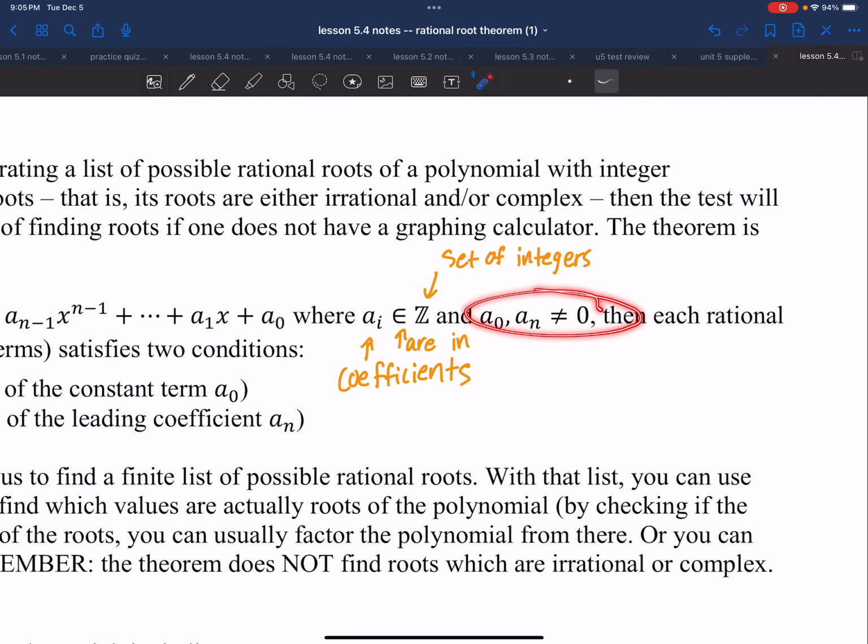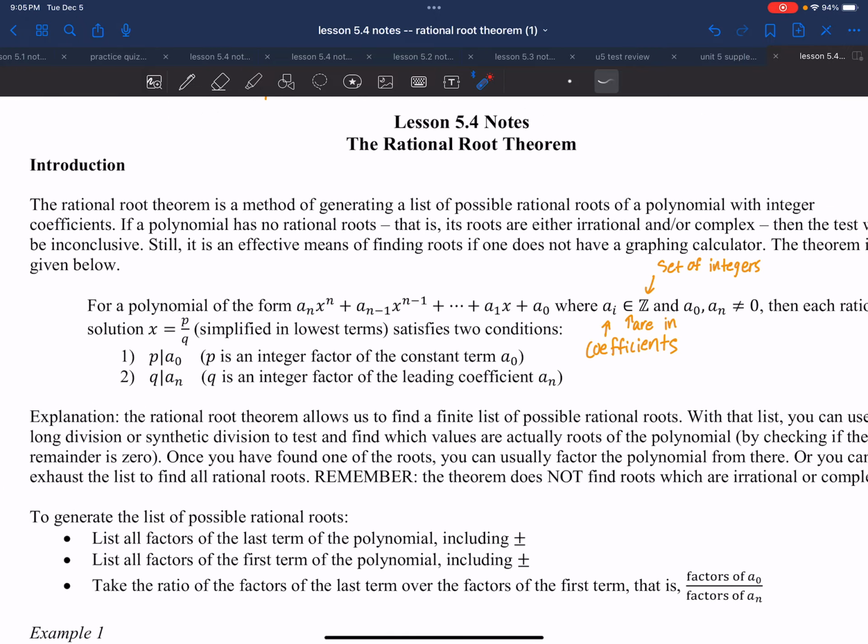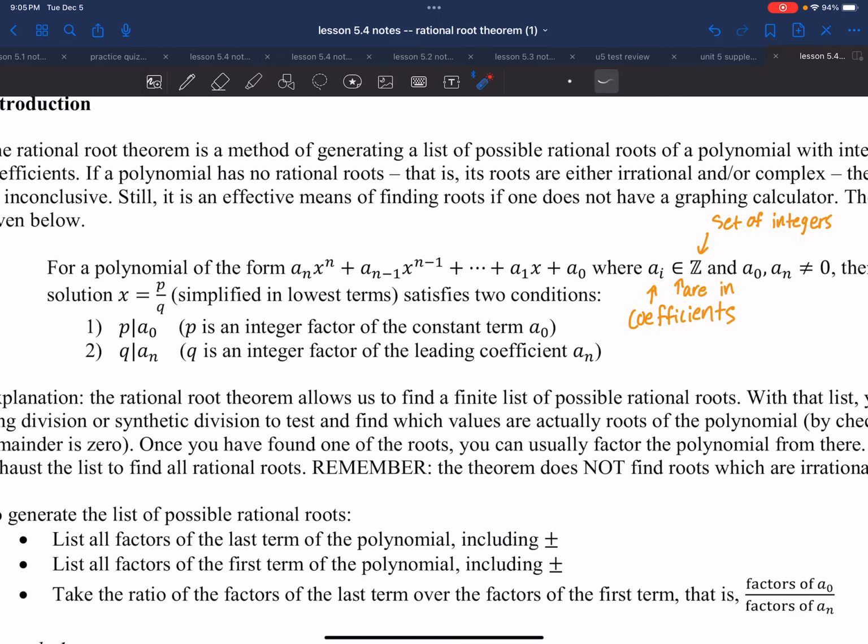And the leading term and last term, the last constant and the leading coefficient, are not 0. And so any polynomial of this form with integer coefficients basically follows that its rational roots are a factor of the last constant divided by the first leading coefficient.